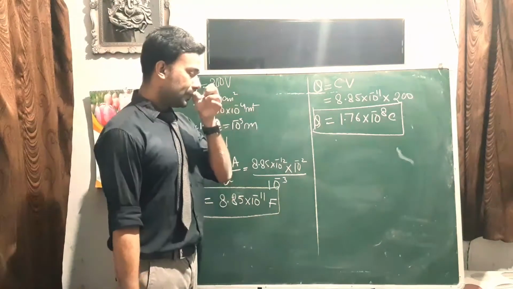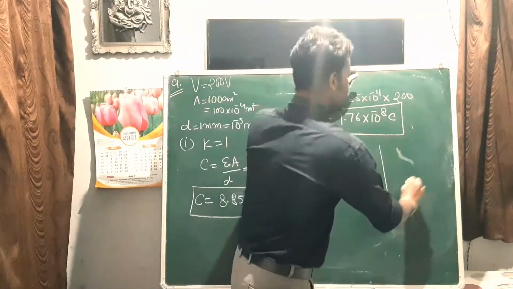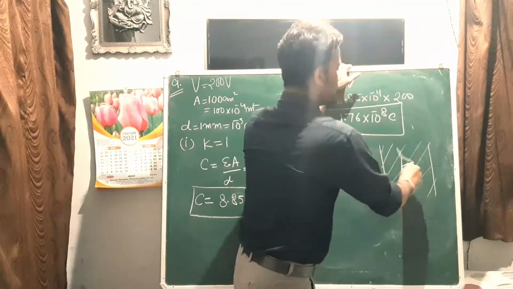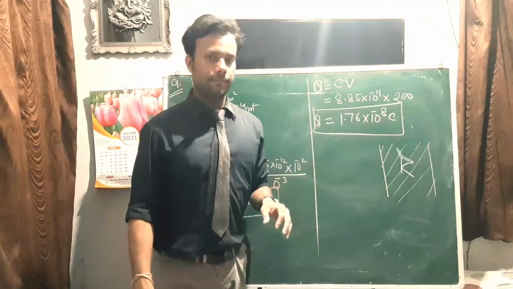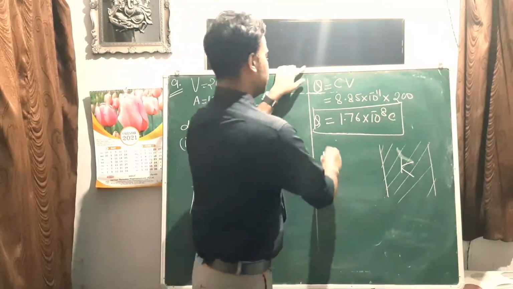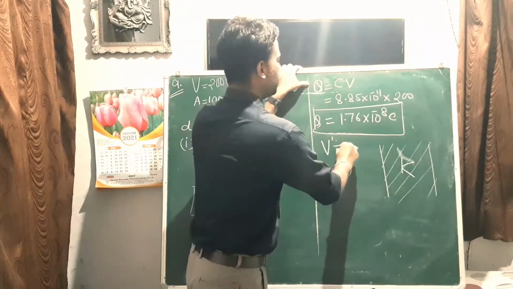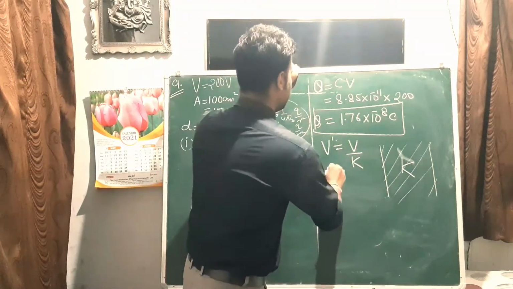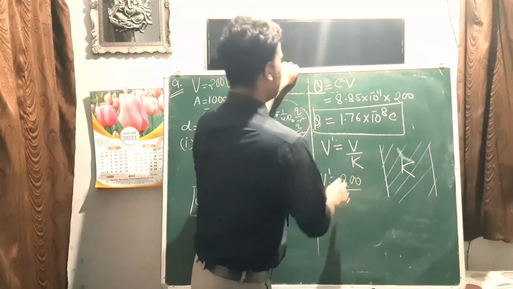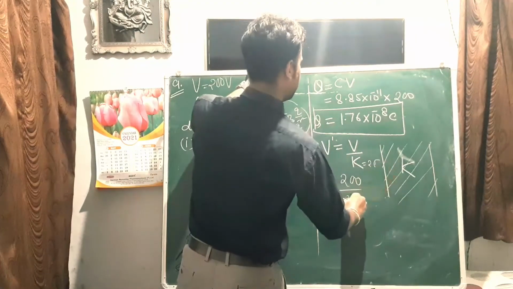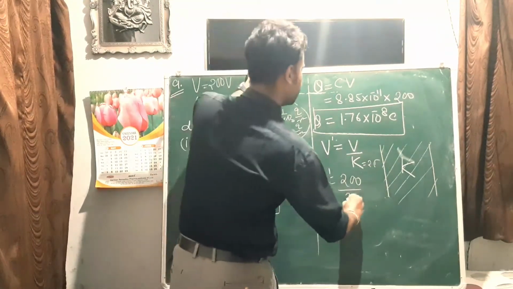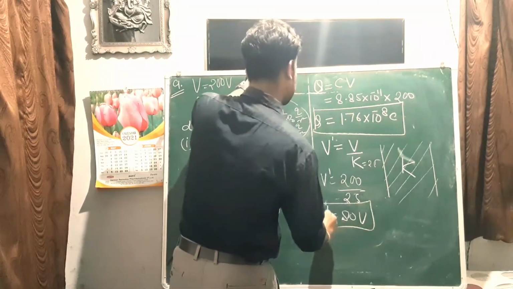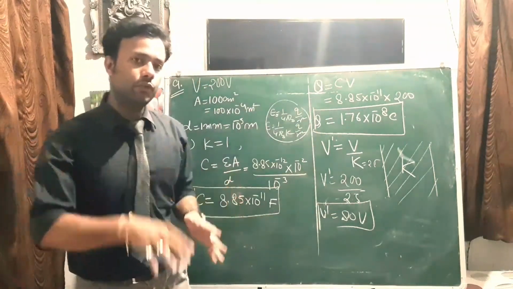Now if this parallel plate capacitor has been filled with dielectric constant K, then the potential V dash will be V by K. So V dash will be 200 upon the value of K, which is 2.5. When you solve this, you will get 80 volt.